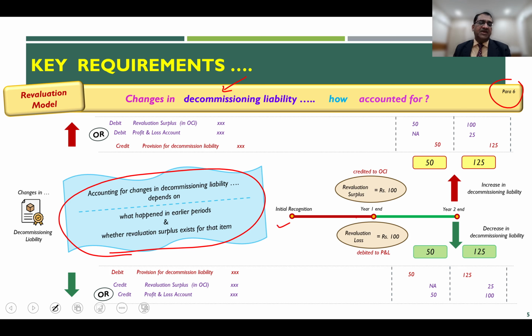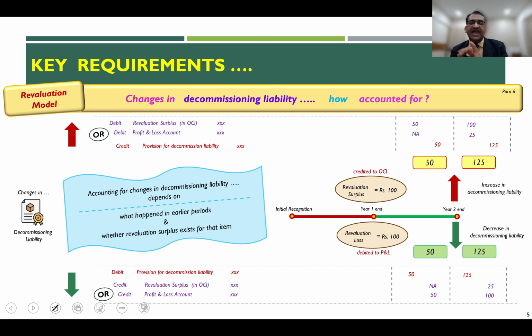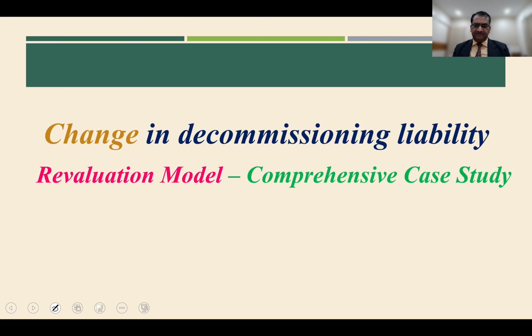I have given you this case study in the earlier video. We will apply the same concept in the comprehensive case study as well. I just wanted to bring in this slide so that you have a reference point of what we are going to use in our case study.